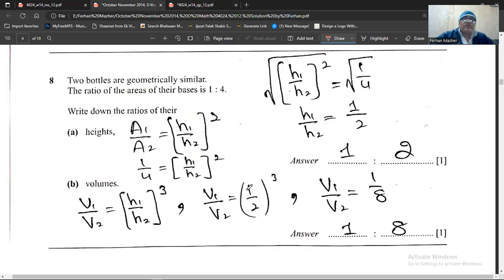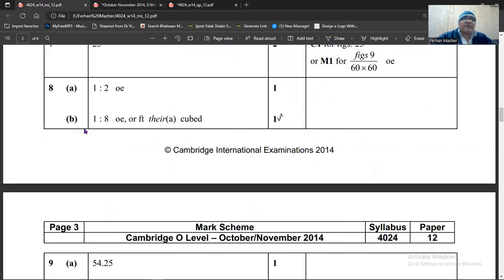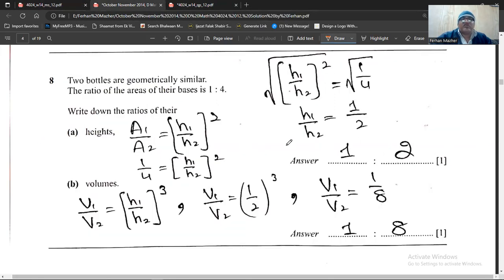So V1 by V2, the ratio of the heights is 1/2, so cube it. 1 cubed is 1, 2 cubed is 8. So V1 by V2 is 1/8, which means 1:8. So question number 8, part B is 1:8. This is the solution of question number 8.